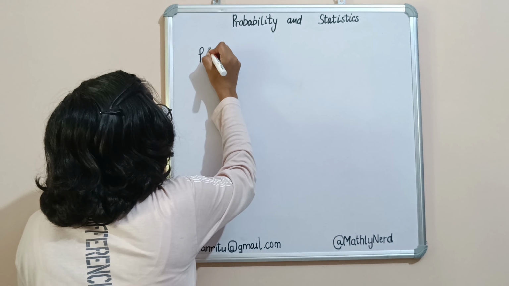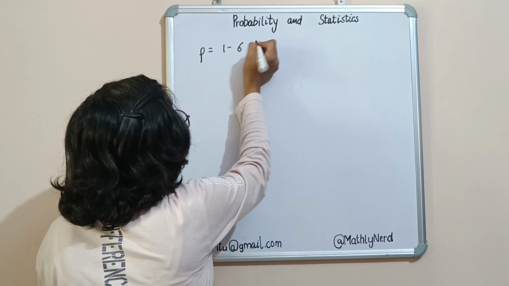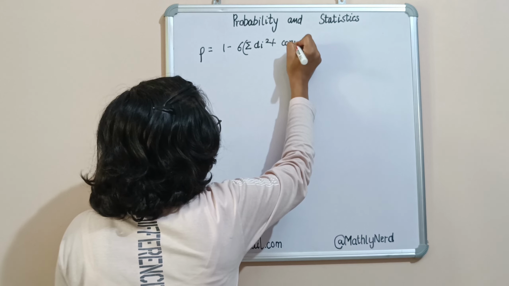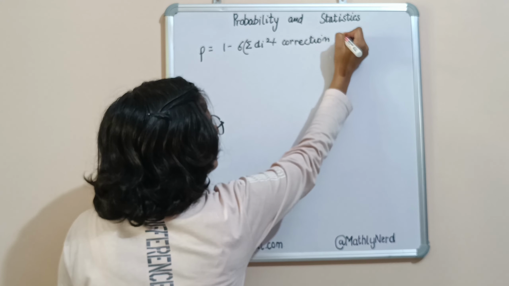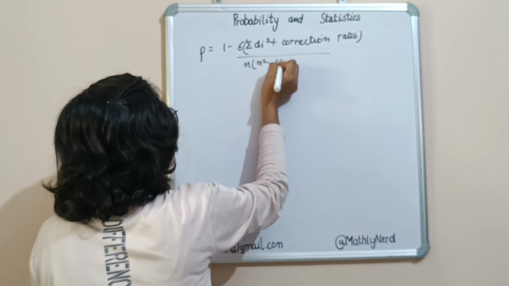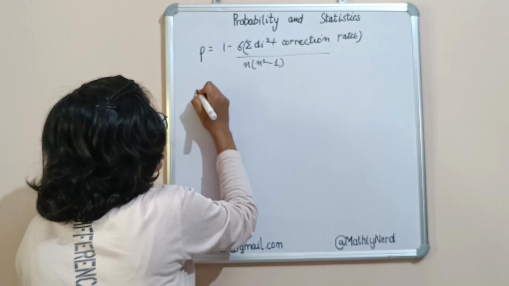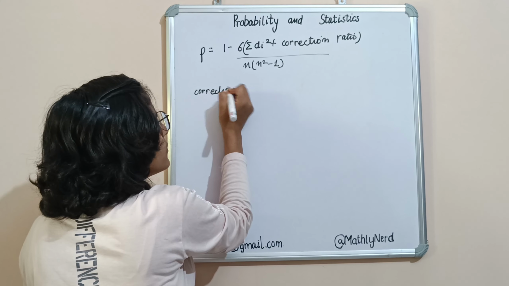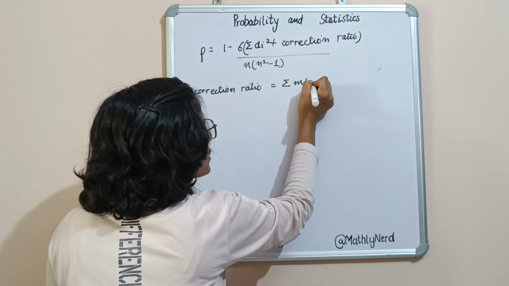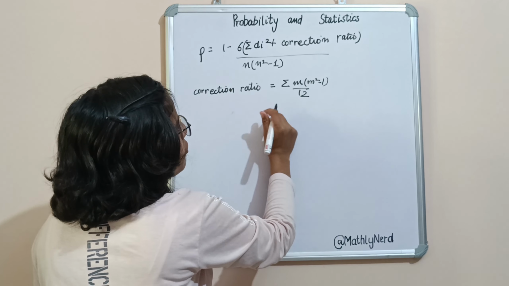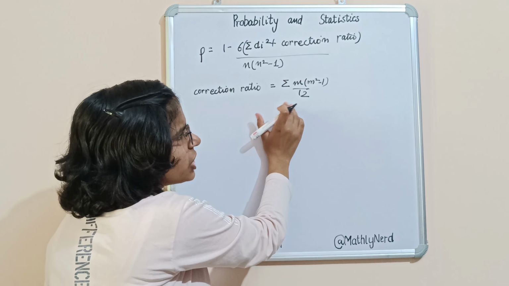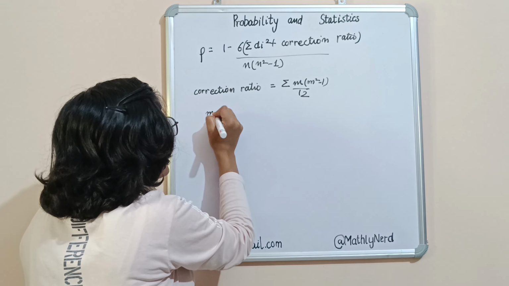So rho for repeated ranks equals 1 minus 6 times (summation di square plus correction ratio) divided by n times (n square minus 1), and this correction ratio equals summation of m times (m square minus 1) by 12, where m is the number of times a rank is repeated, and we sum it every time where m is greater than or equal to 2.